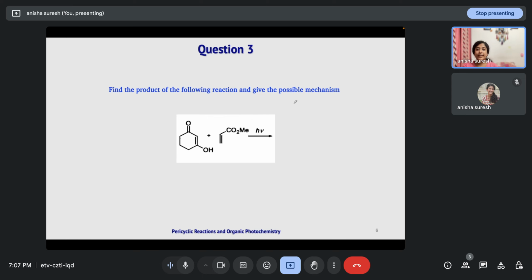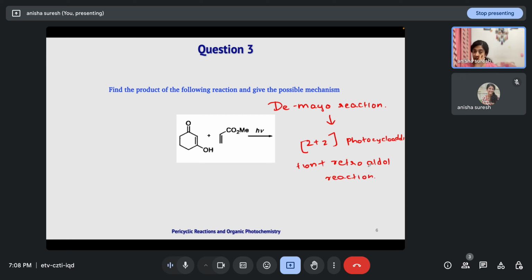Okay, so this is an example of the De Mayo reaction where a 2 plus 2 photocycloaddition plus a retro-aldol reaction will be taking place, resulting in the formation of a 1,5 diketone.